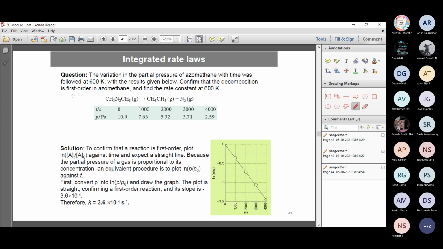Confirm that the decomposition is first order in azomethane and find the rate constant at 600 K. So there is a clue. What are the clues here in this question? So this is the given question here. Find out all the clues and proceed.